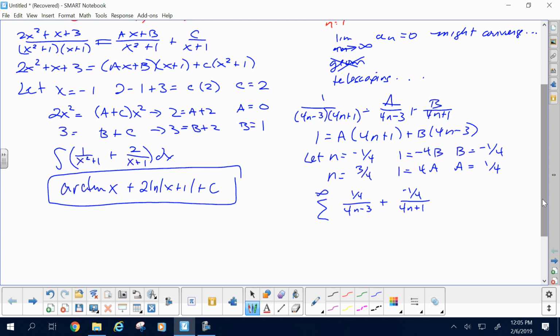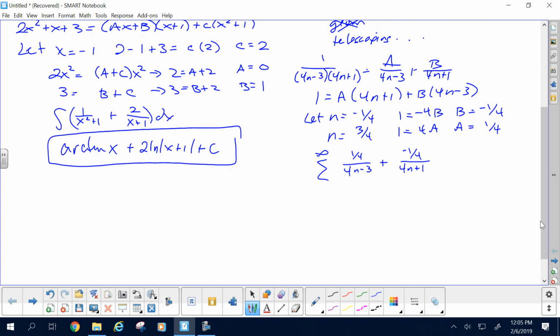Did you deal with the 1/4 or did you pull them out front? I deal with them. Much easier if you pull it up. I like cross that bridge.